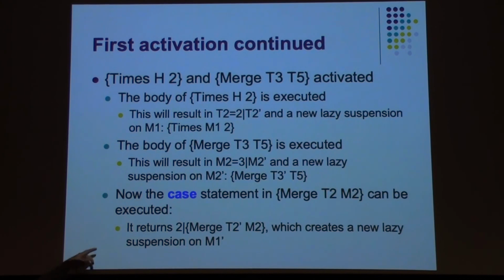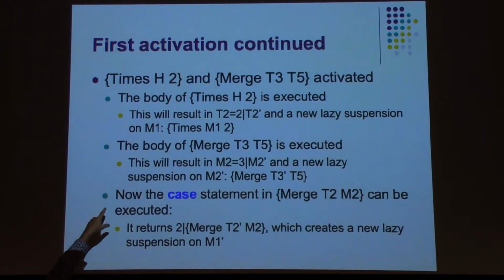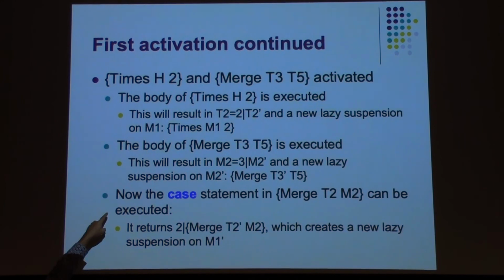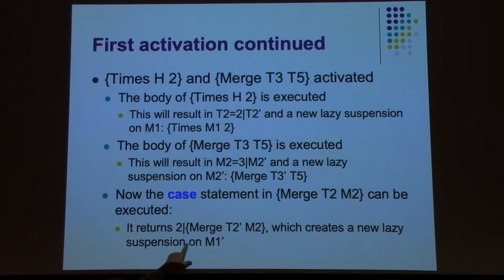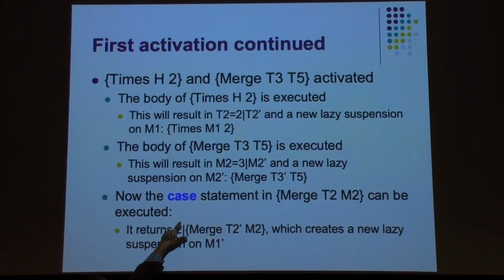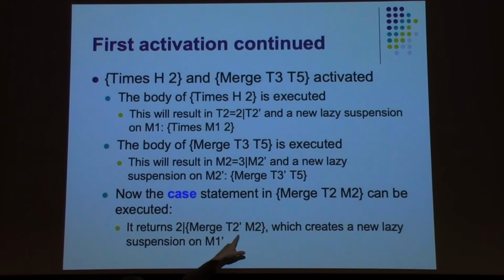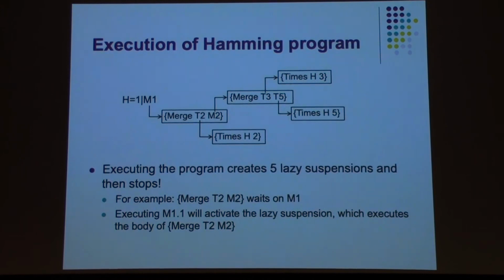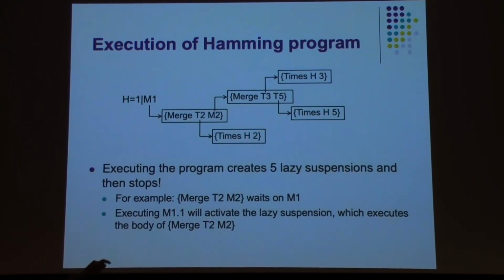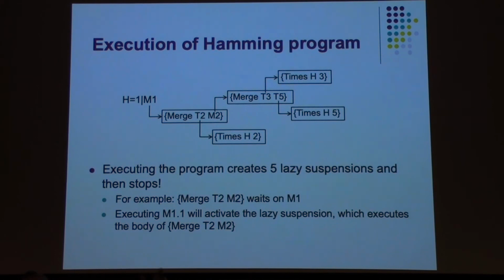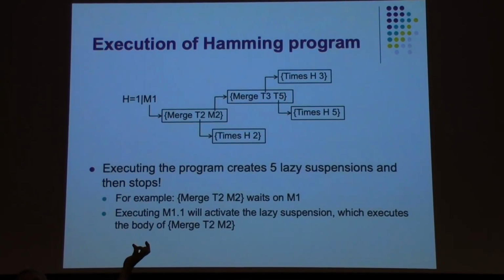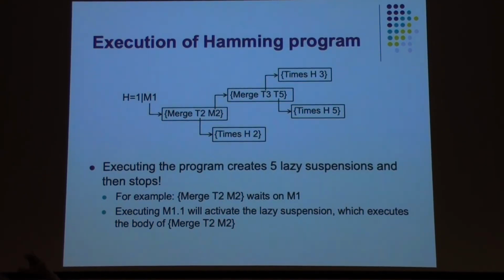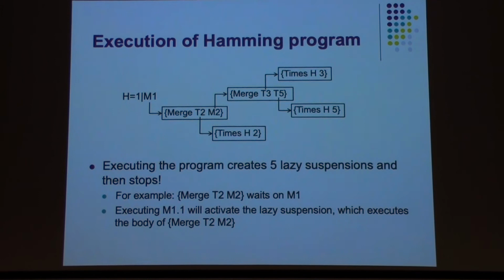So finally, after T2 and M2 are bound, the case statement can finally run and returns 2 bar this, and so the result will be 2, the M1.1. But this recursive call will create a new lazy suspension. So basically what happens is, when I do M1.1, all 5 lazy suspensions are activated. They disappear, they're no longer suspended. They run, and they will create 5 new lazy suspensions.